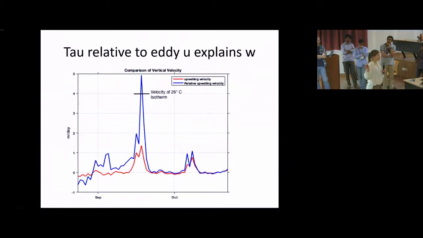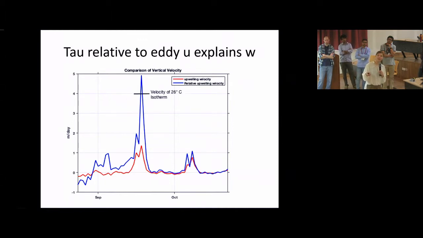So to sort of sum up this little story, we did a back of the envelope calculation. We calculated the wind stress curl just looking at the wind vectors, and then the relative wind stress curl, subtracting the current velocities too. Red is just the Ekman pumping from the wind speeds, and the blue was with the winds and the currents.